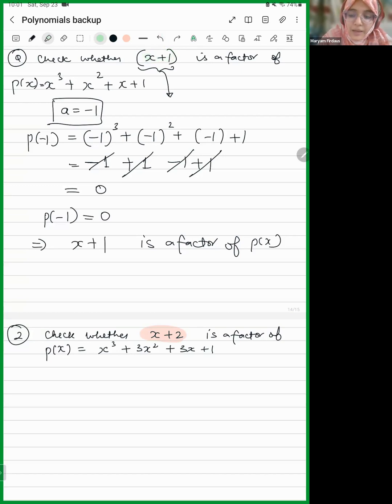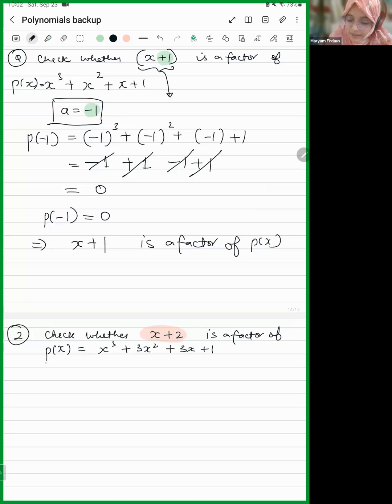Here we had plus 1, so we took a as minus 1, because we are supposed to have x minus a as the smaller polynomial that we are supposed to check. Since here it is x plus 1, we take a as minus 1. Whatever the sign is over here, we reverse that sign and take that as a.